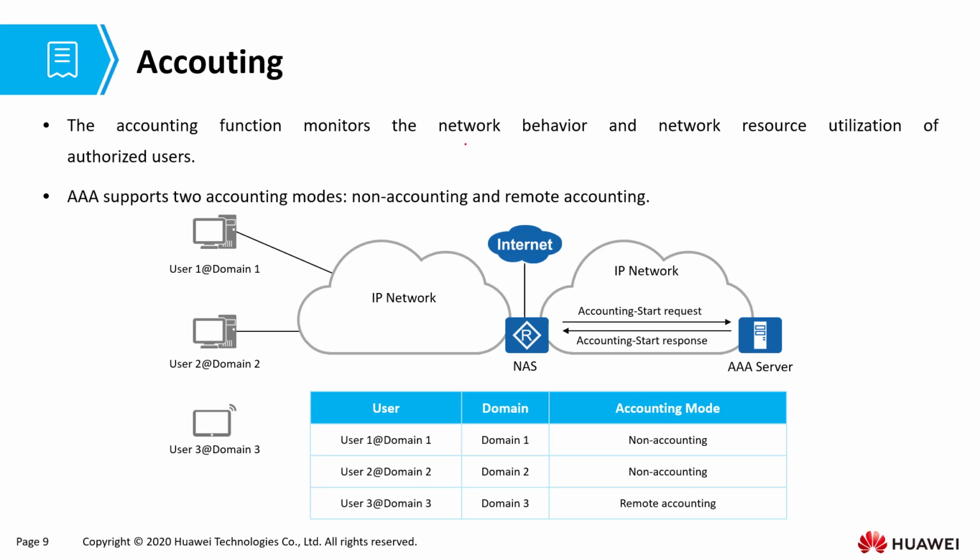The accounting function monitors network behavior and network resource utilization of authorized users. It supports only two modes: non-accounting and remote accounting. Which mode is missing? That's right, local accounting is missing. Because of the reason I've already mentioned, we cannot store this accounting information on the network access server.